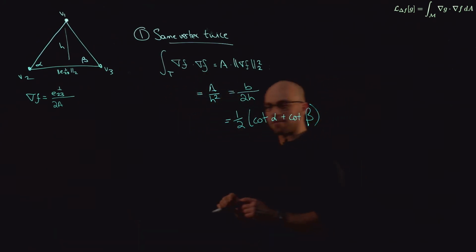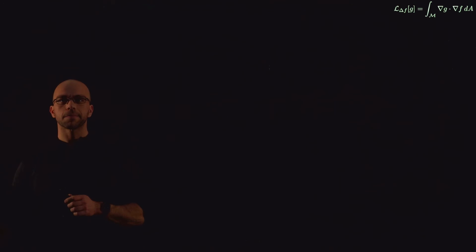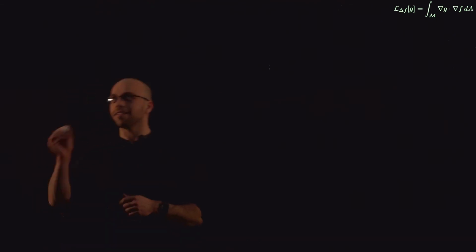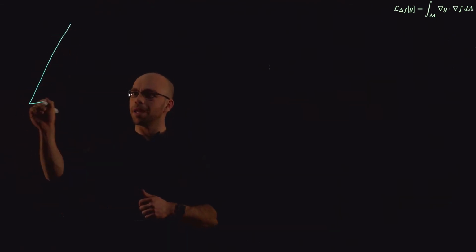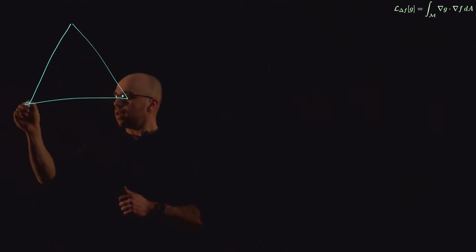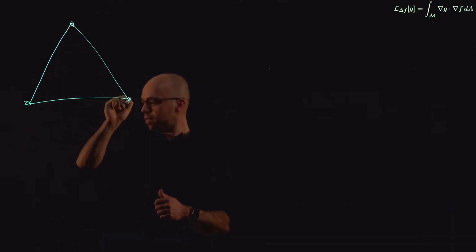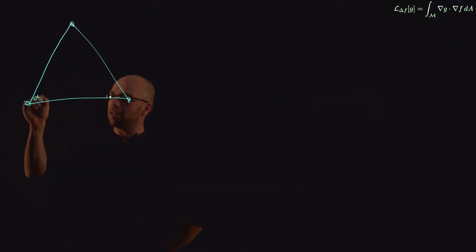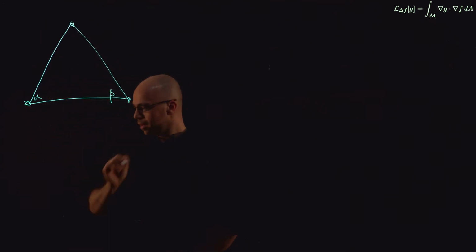Okay, so let's clear out some space. Okay, so let's do that second case. Oops, I erased our triangle. All right, that's okay. Let's put our triangle back here. So here's our 3 vertices again, just like before. And remember we have angle alpha and angle beta, like that.